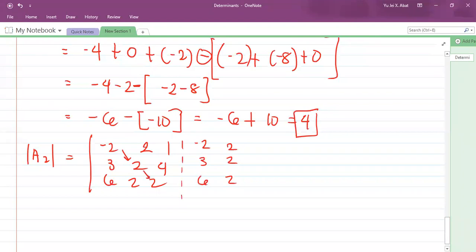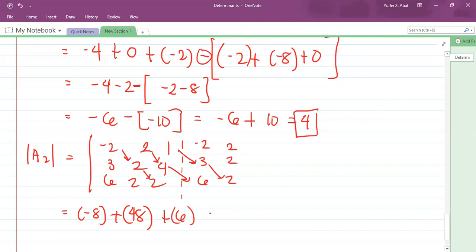Ayan, no? 4 times negative 2, it's negative 8 plus 2 times 4 times 6, 8 times 6, 48. Yan. Tama ba? 48. Then plus, we have 1 times 3 is 3 times 2 is 6 minus the other diagonals na.